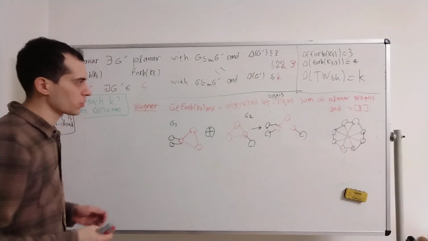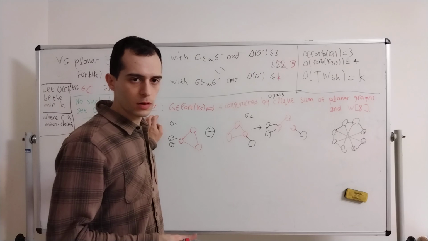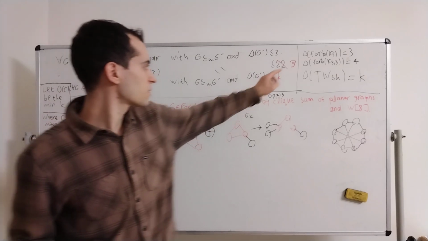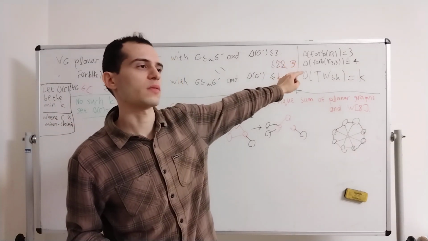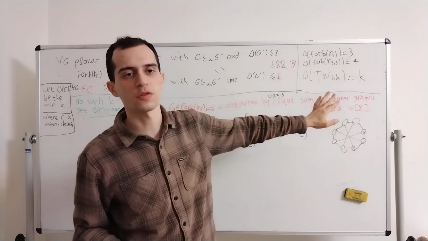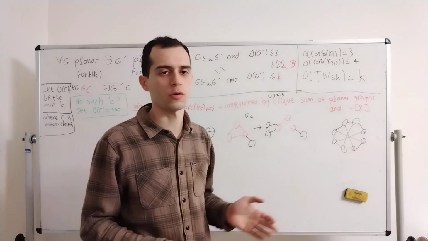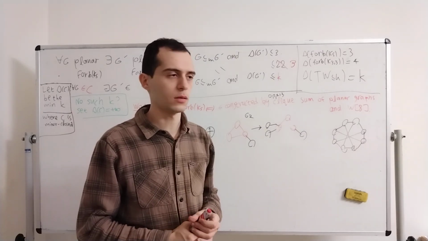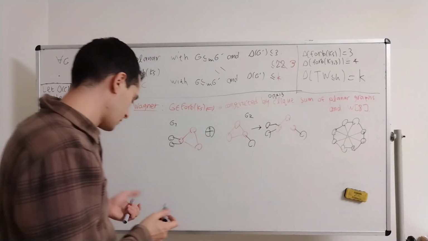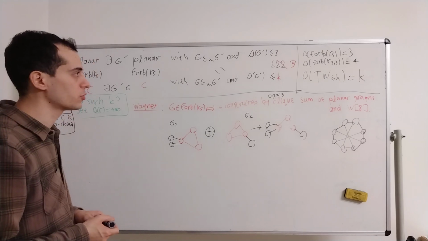And we will use this theorem to prove that delta of form K5 is 3. And I'm showing this just because I want you to see at least one proof to get a notion of how we think in these cases. And how might we do it?